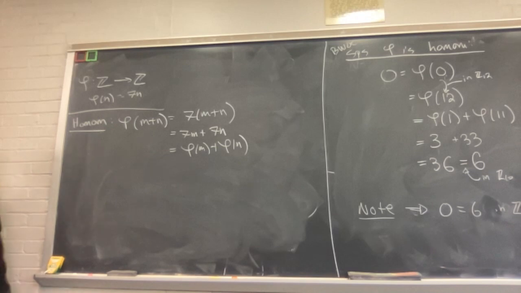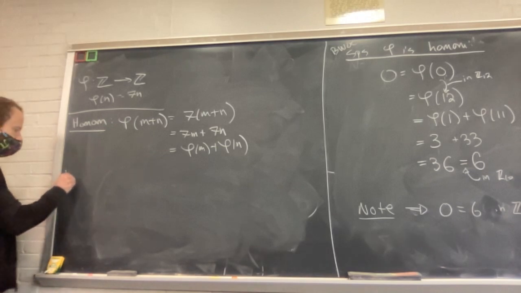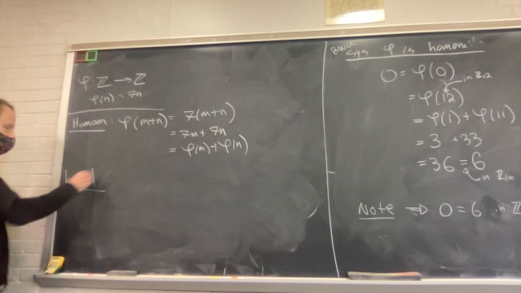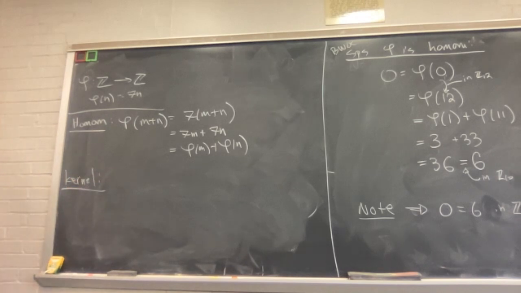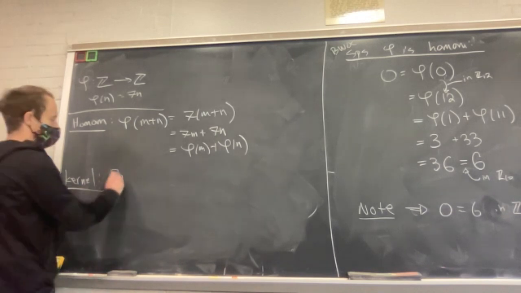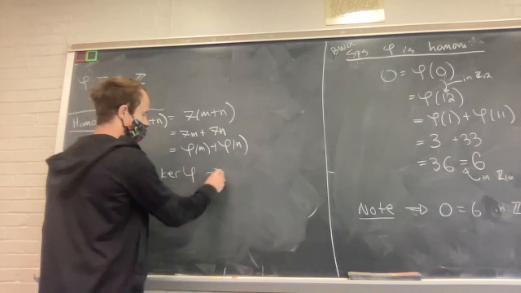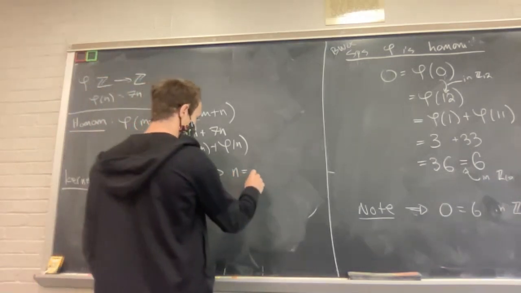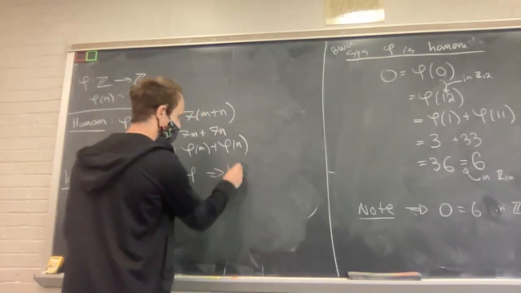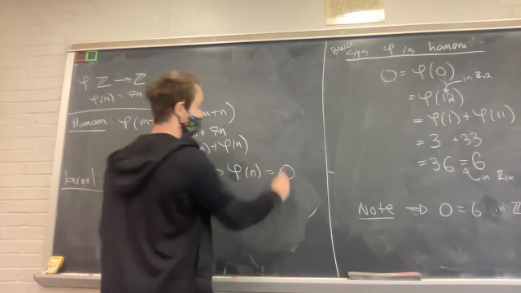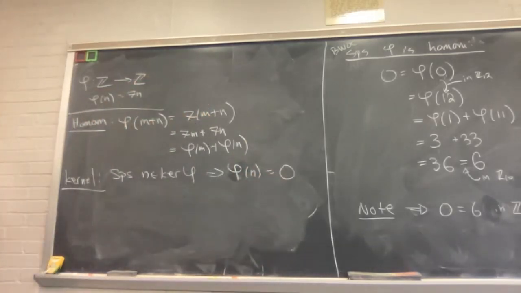Okay, now let's find the kernel. I think the best way to find the kernel is to say that you've got something in the kernel and then decide what shape that something has to be. So let's suppose that n is in the kernel of phi. That means that phi of n equals 0. That's what it means to be in the kernel.